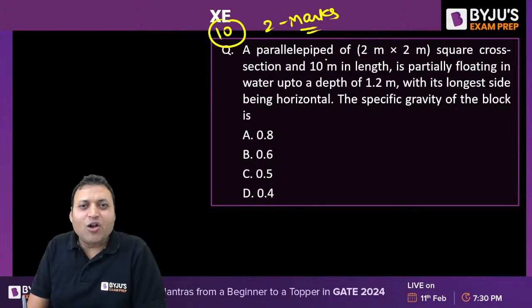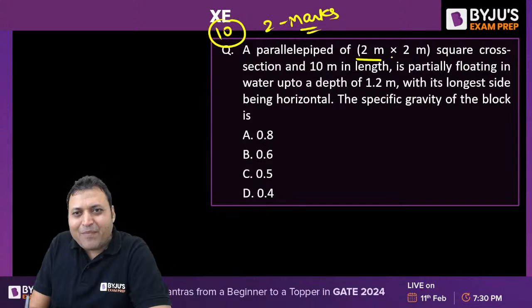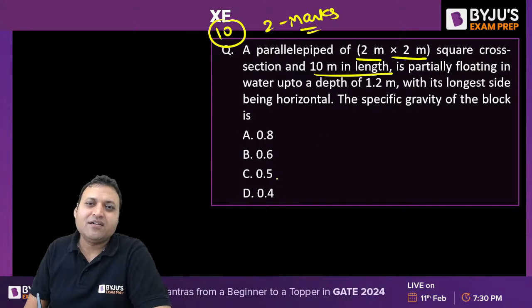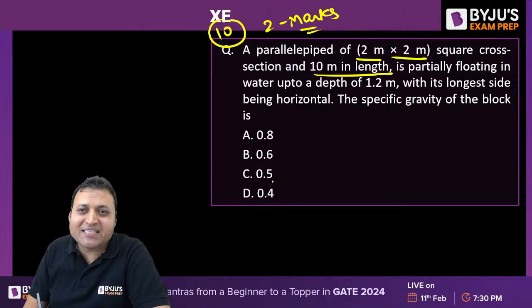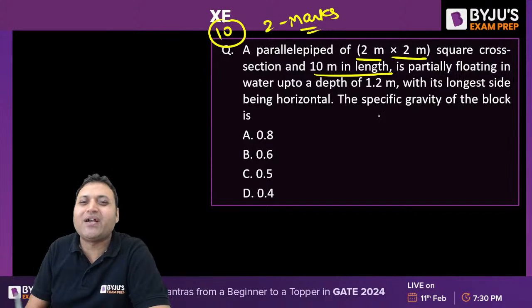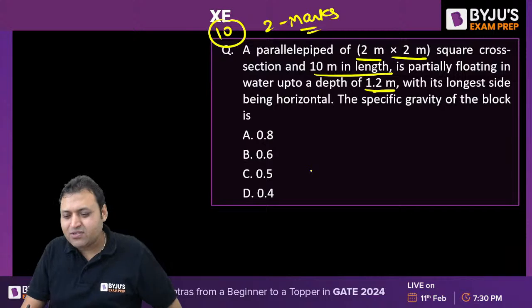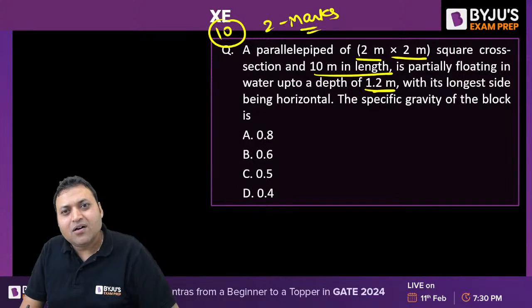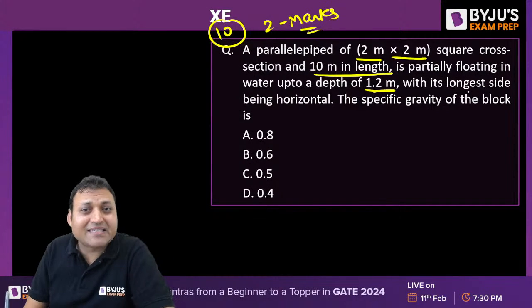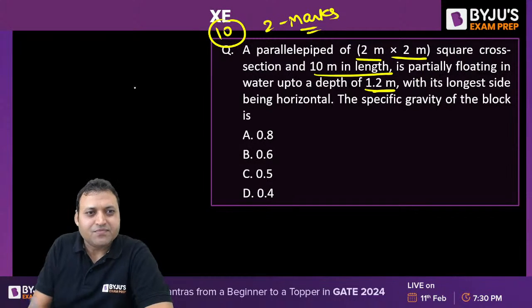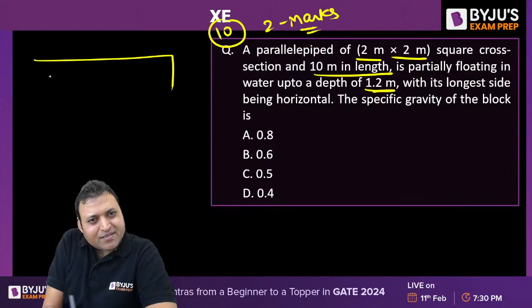There is a parallelepiped, a cuboid, of 2 meter by 2 meter square cross section and 10 meter in length. It is partially floating in water up to a depth of 1.2 meter, with its longest side being horizontal. It means the length is horizontal, so it is something like this.